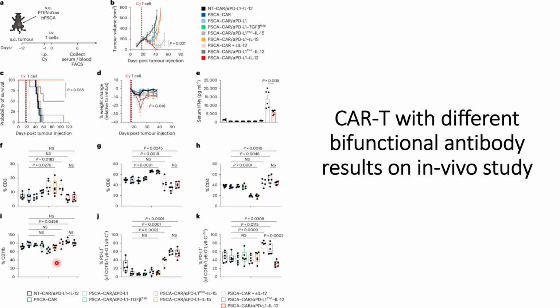Then they check the CD11B combinations, and they do not see any significant information from this. And when they check the PD-L1 percentage populations in these CD11B positive cells, they are able to see the percentage of PD-L1 is higher in the case of the IL-15 combinations, and along with this, IL-2 and PD-L1 ligand combinations.